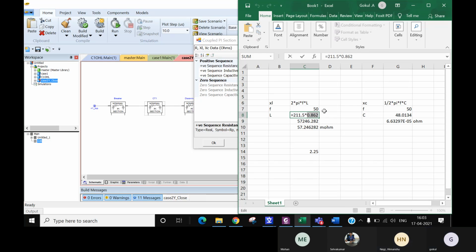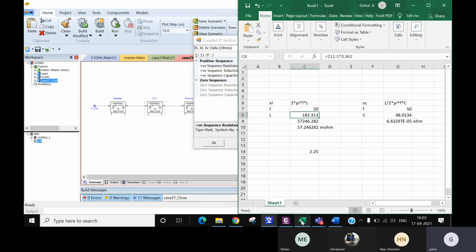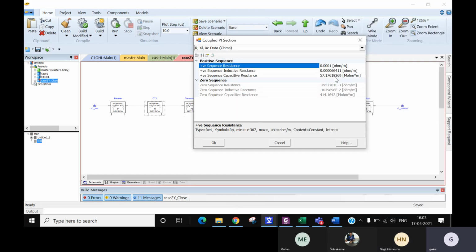Then you convert into mega ohms, and you'll get 57.17. That is the value I've taken. But since in PSCAD the units are important, they will ask in a particular unit, so you have to give it in that unit only.